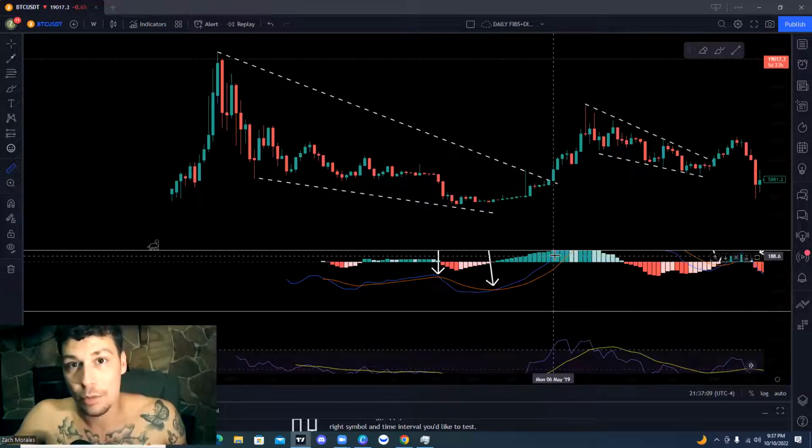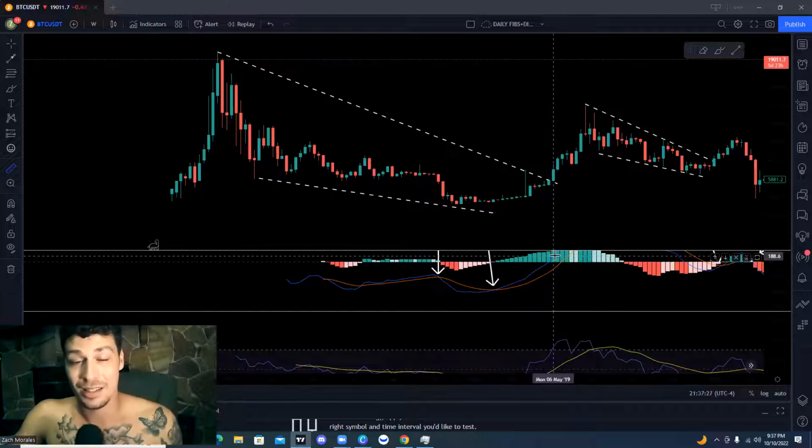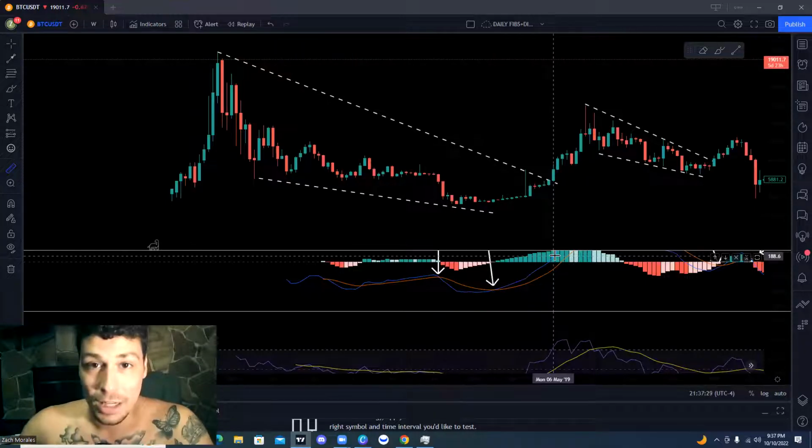Now, maybe not everybody is looking at the RSI or the MACD. Maybe they're only looking at chart patterns. Well, maybe there are people who don't really trade off of chart patterns, but they really just trade off MACD buy and sell signals. And then you have people that are only looking for divergences and looking at the relative strength index and trying to see if there are any buy and sell signals there.